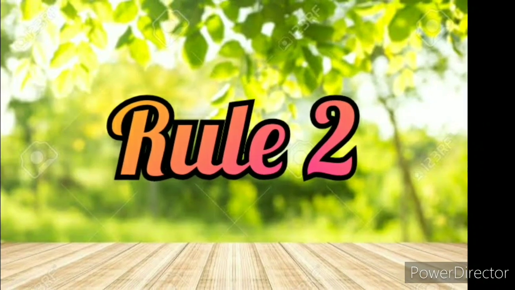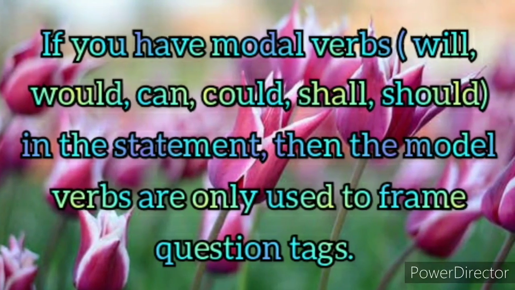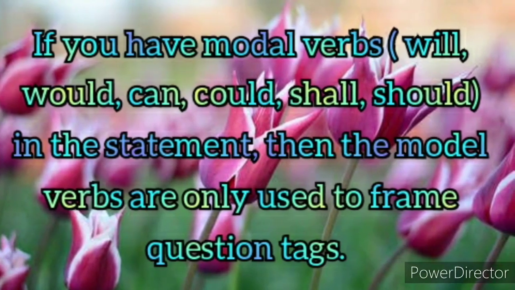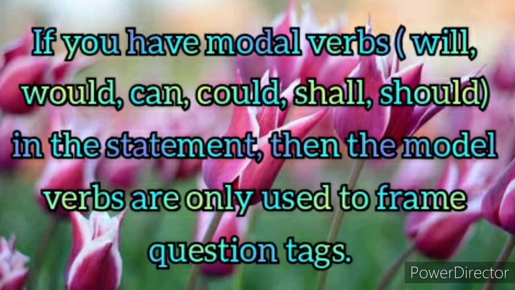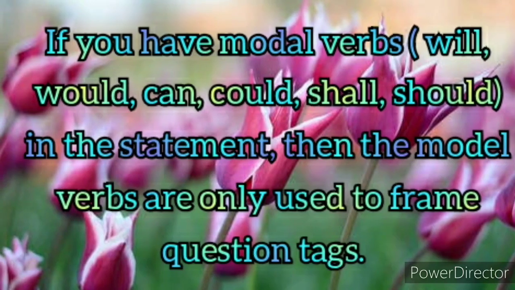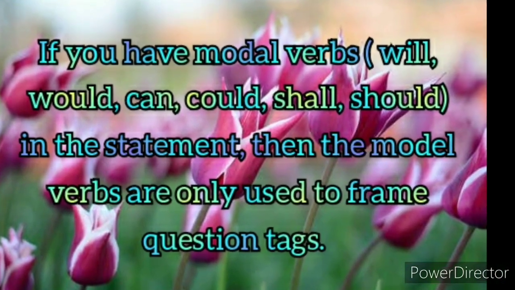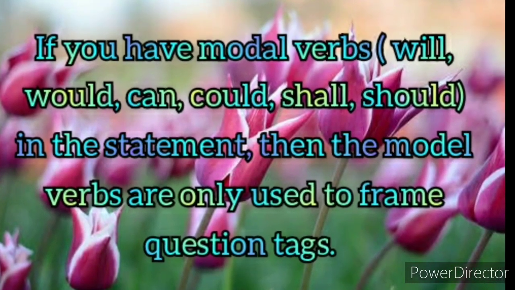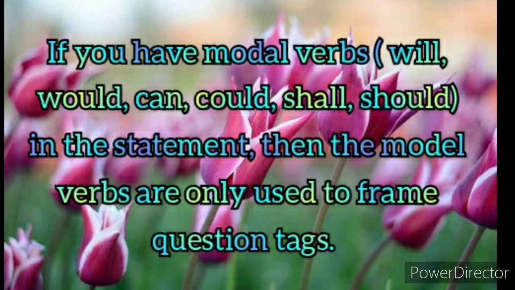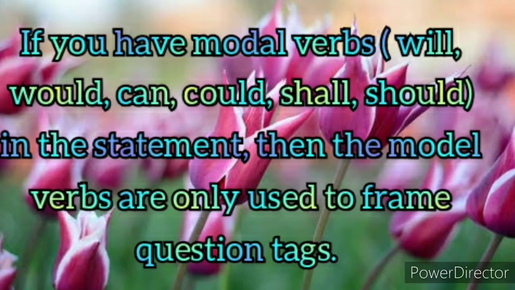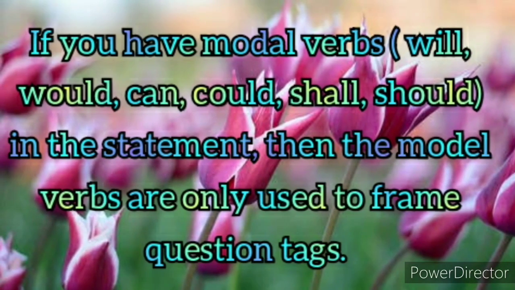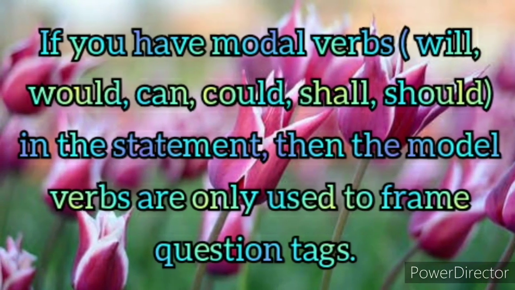Now come to rule number 2. So the next rule states that if you have modals in the statement like will, would, can, could, shall, should, etc., then it follows the same pattern. That is, the modal verb needs to be there in the question tag. So we are not going to use an extra auxiliary verb or anything else. We will simply use the modal given in the statement to frame our question tags.